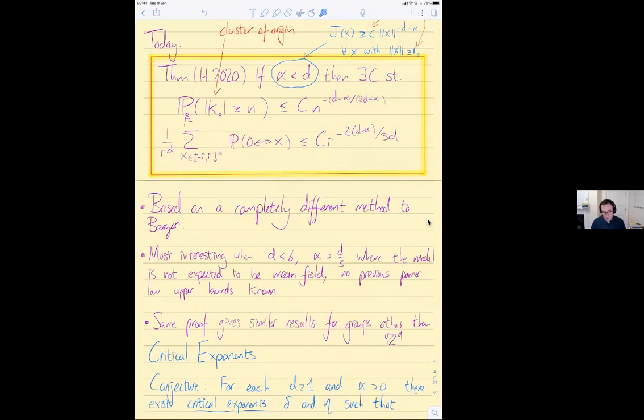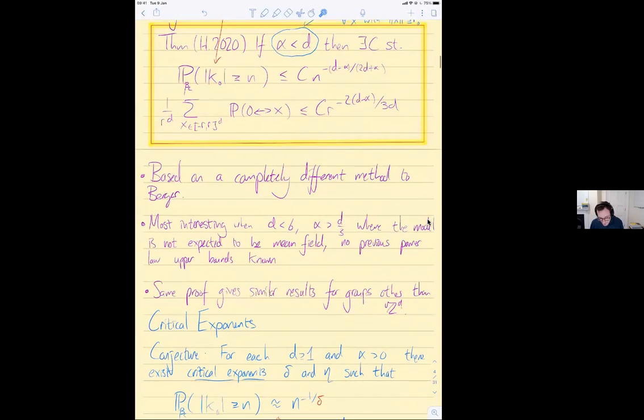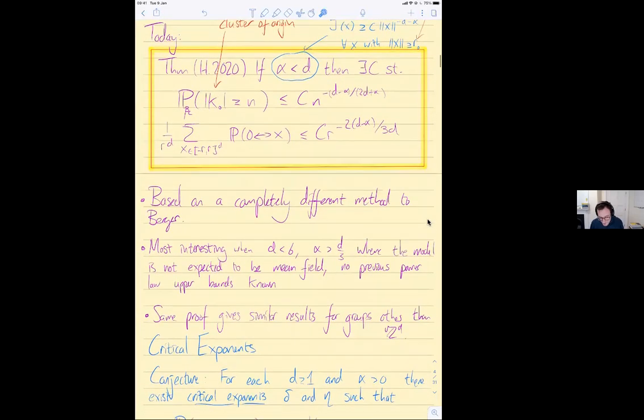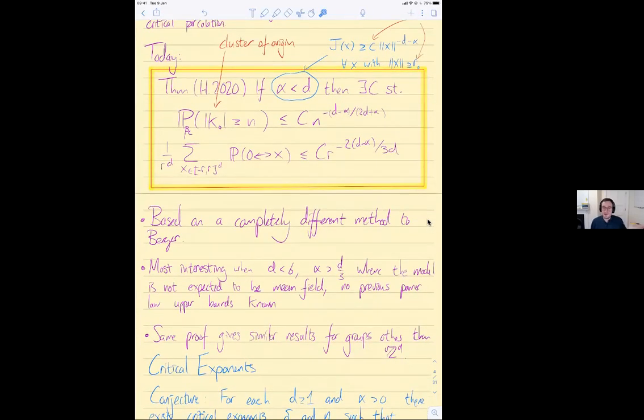But this theorem also applies to some situations where you're below the upper critical dimension, so you should not have mean field behavior. And I think other than two-dimensional models, where obviously the attendees of the seminar know very well that there are many things you can do and many things that can be proven, this is the first instance where we can prove some power law bounds for, let's say, a three-dimensional model that's not supposed to have mean field behavior.